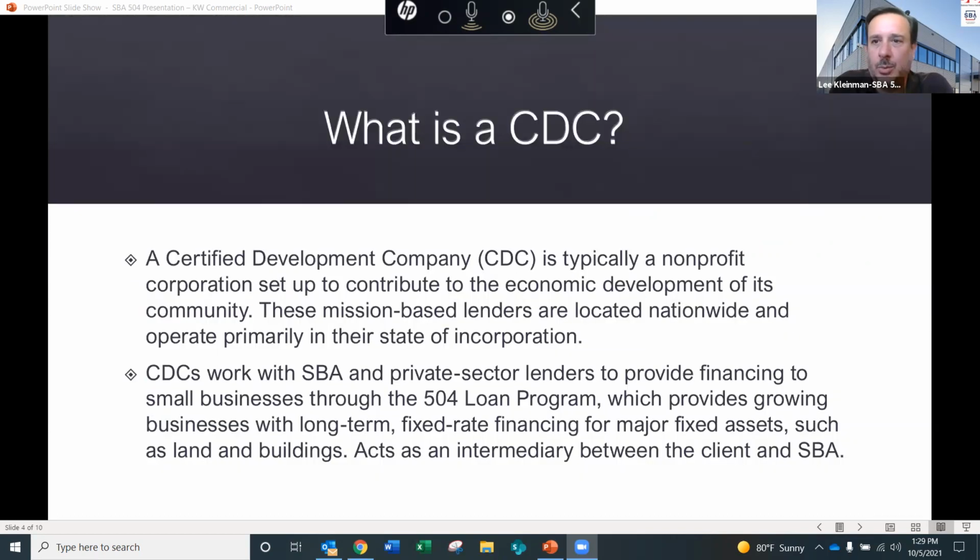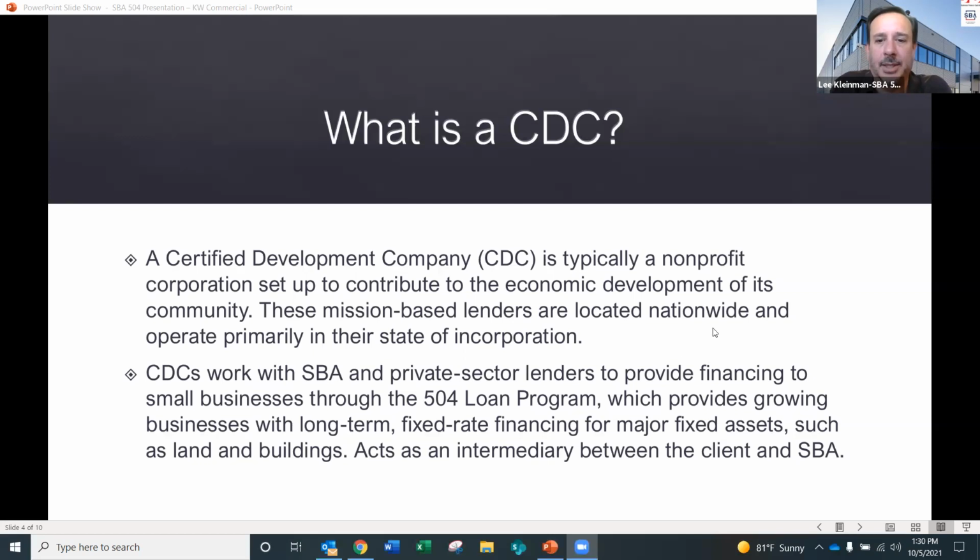Okay, so we talked about what is a CDC. This is from the SBA government website. We're a nonprofit corporation set up to contribute to the economic development of its community. The gist behind that is that the more loans we make to small business owners, we're helping them own their own space, lock in their occupancy costs, buy a bigger building to support the growth of the business, which means that they're going to hire more employees, pay more tax.